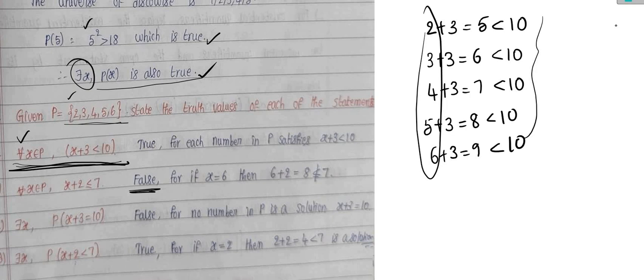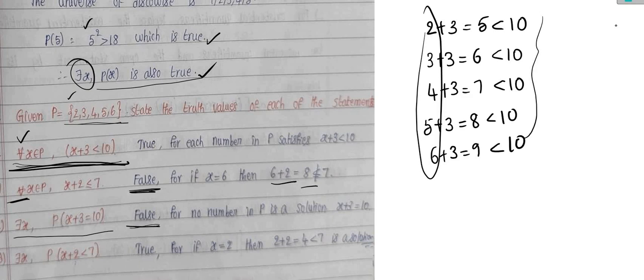When we take x as 6, 6 plus 2 is 8. 8 is not less than 7 and also not equal to 7. If we find one point where the statement is false, here for all is there, that's why the total statement is false only.